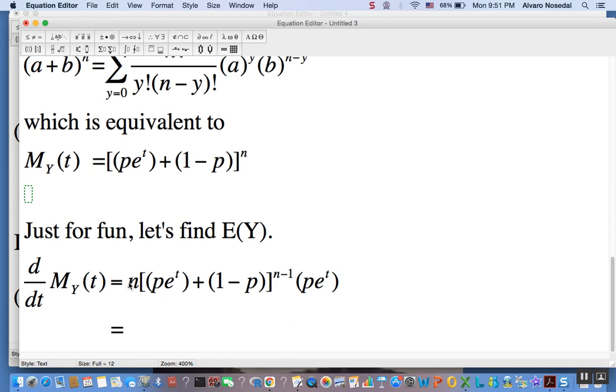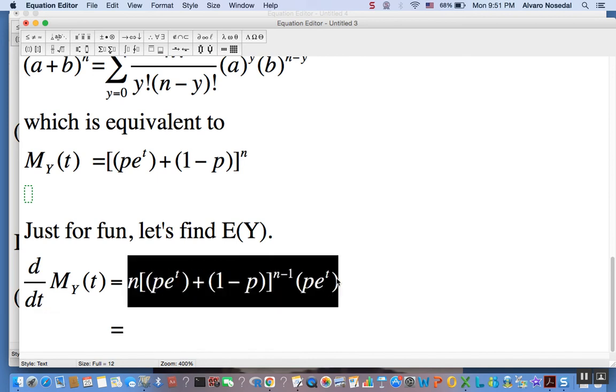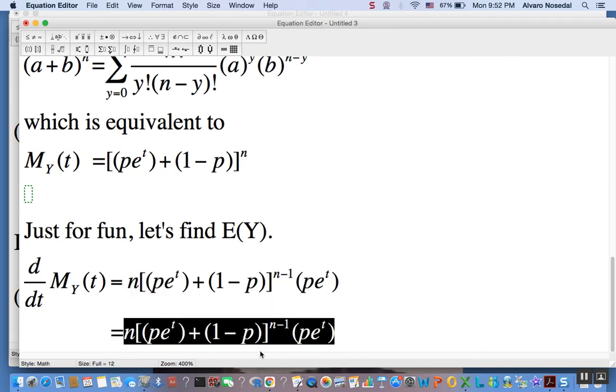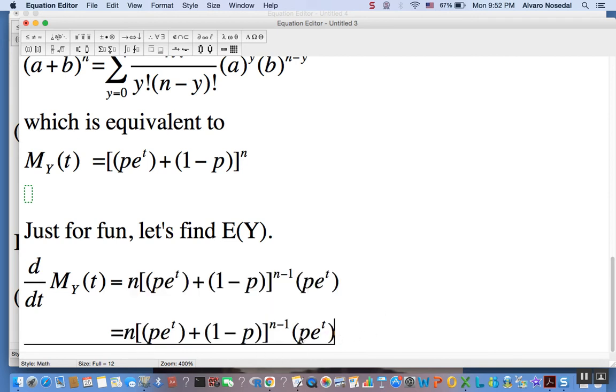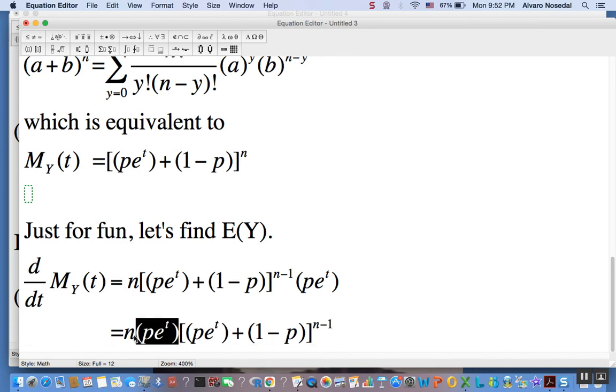So let me rewrite this just like this. This is going to be n times p e to the power of t times (p e to the t plus 1 minus p) to the power n minus 1, right?